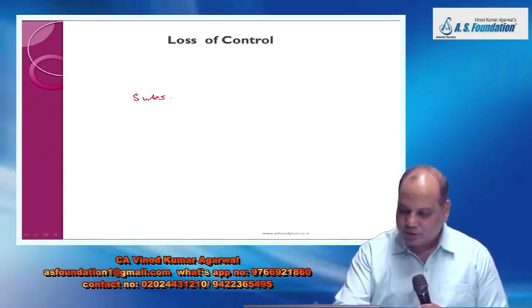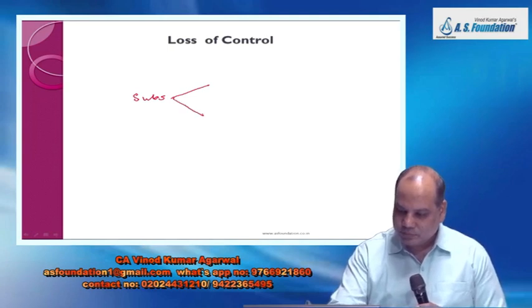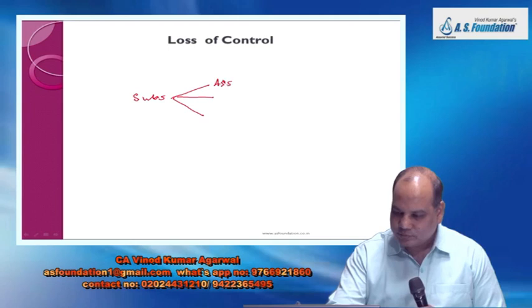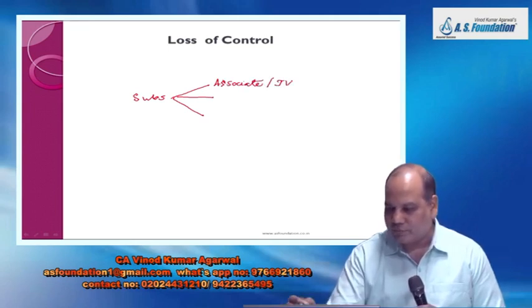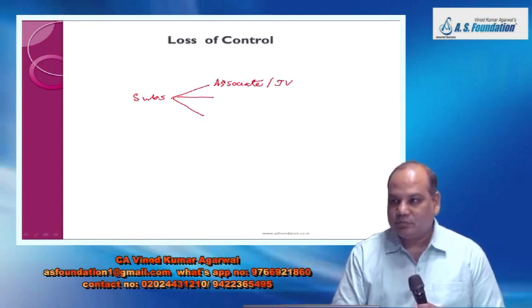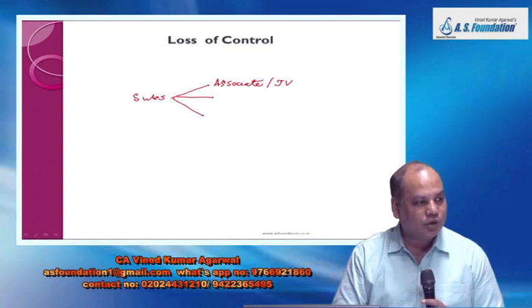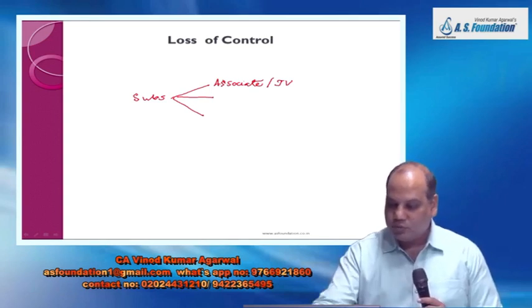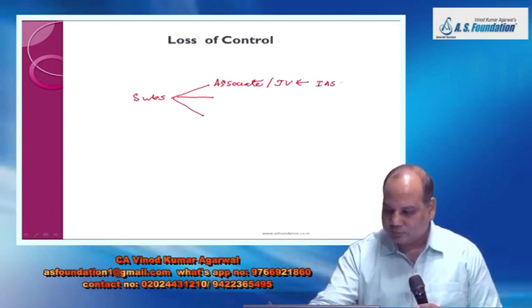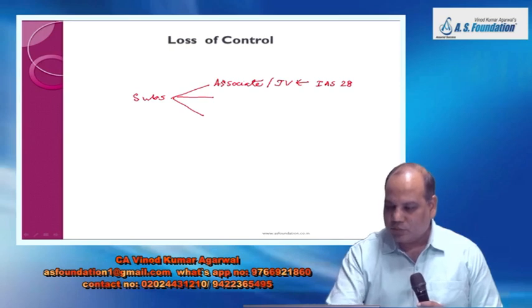From a subsidiary, it can become an associate or joint venture, right? That means either you will have just significant influence or joint control. So from that day onwards, you will start applying IAS 28 and you will not apply IFRS 10.